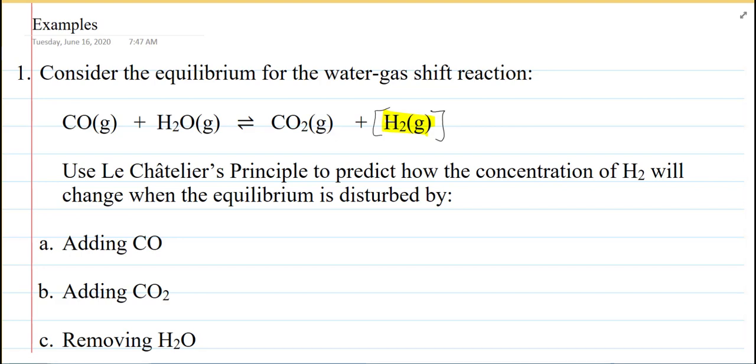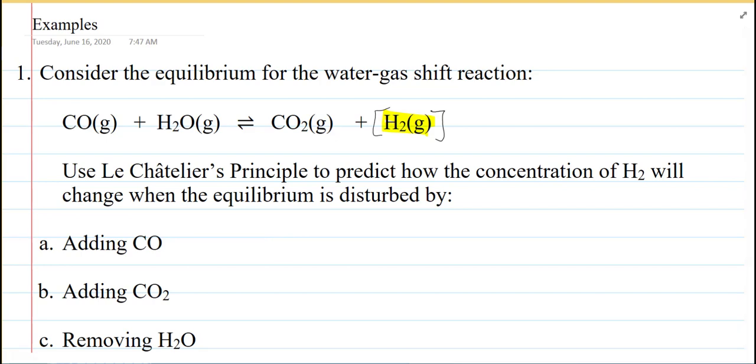So if I add CO, if I add CO, that means concentration CO is too big, so some of this will have to go that way to make CO2 and H2O, which means I'm going to actually increase the concentration of H2.